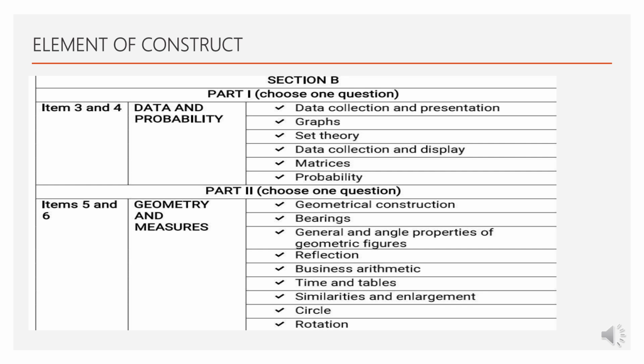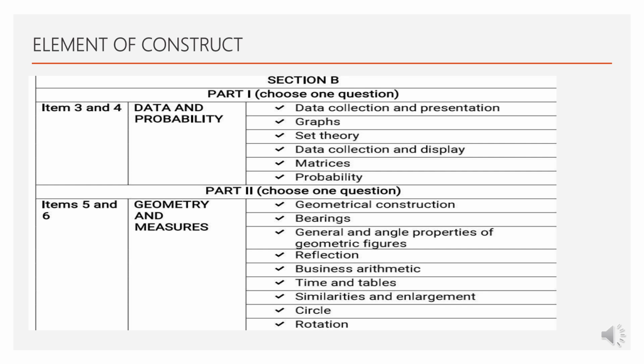Set theory, part of it is senior 2, and then we harmonize it in senior 3. Data collection and display, senior 3. However, we start this data collection and display in senior 1. Matrices, typically senior 3. Probability, senior 3.